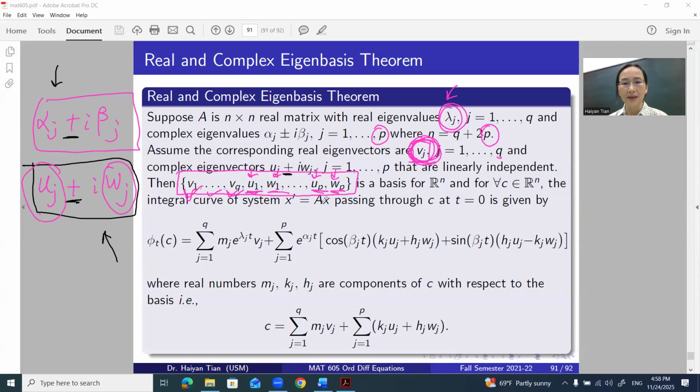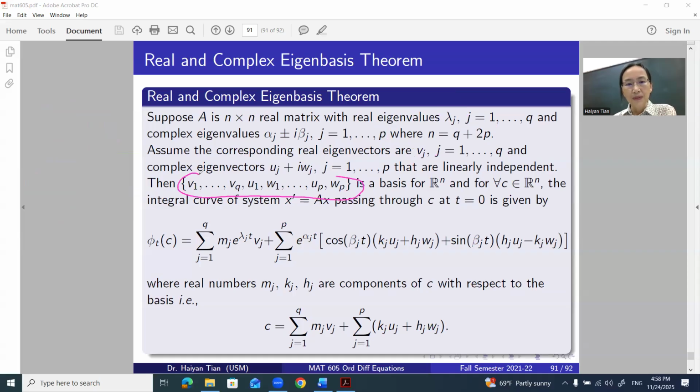So this is an independent set, a total of n independent vectors, and they form a basis for R^n. That's the assumption.